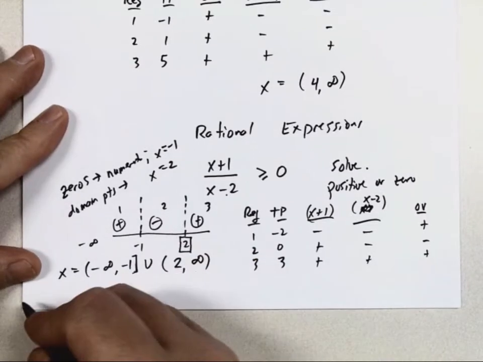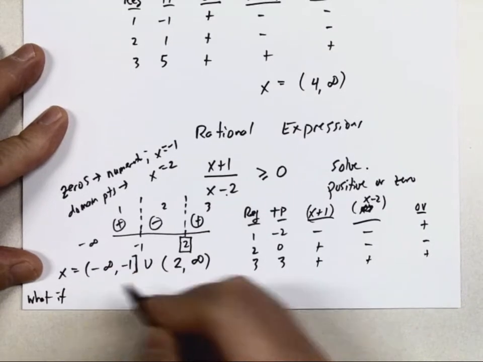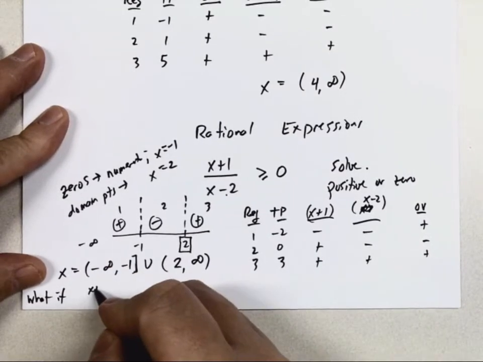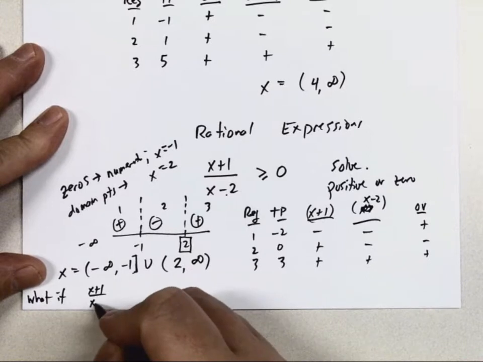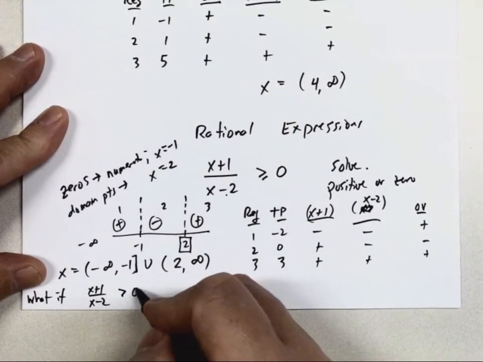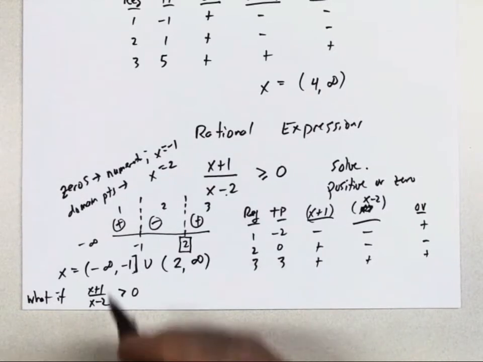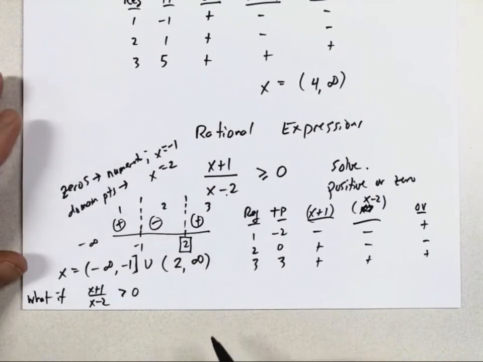Just for fun, say if it were not greater than or equal to, they just said greater than. How would the solution change? Well, you still do the positive region.